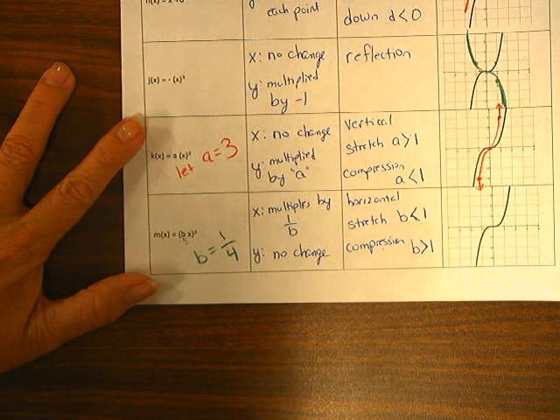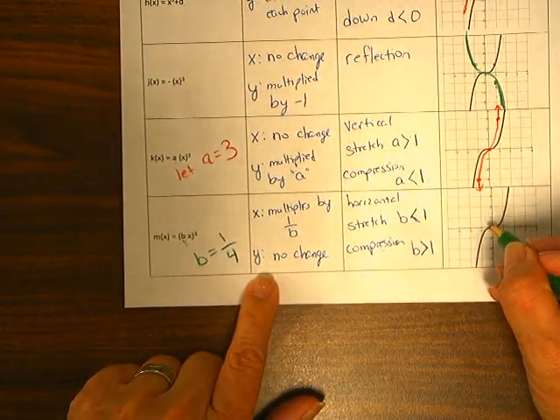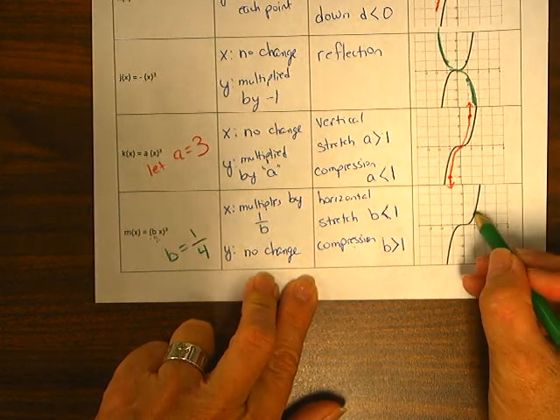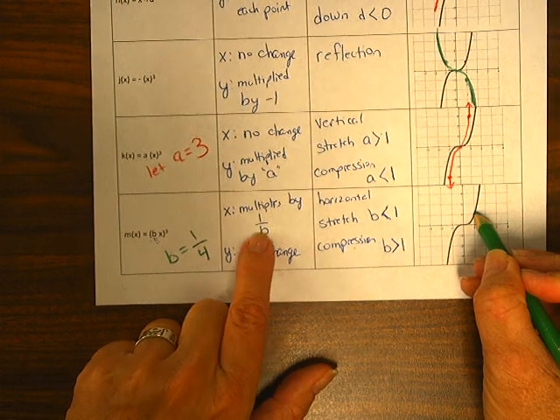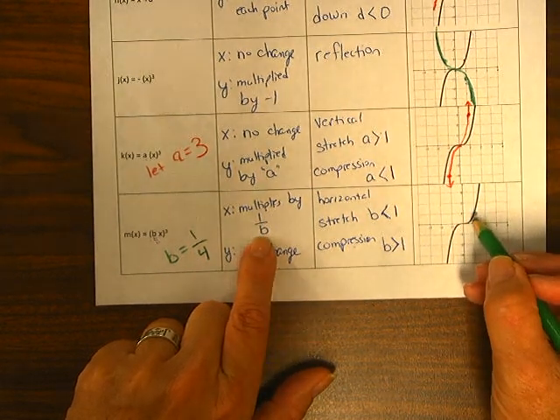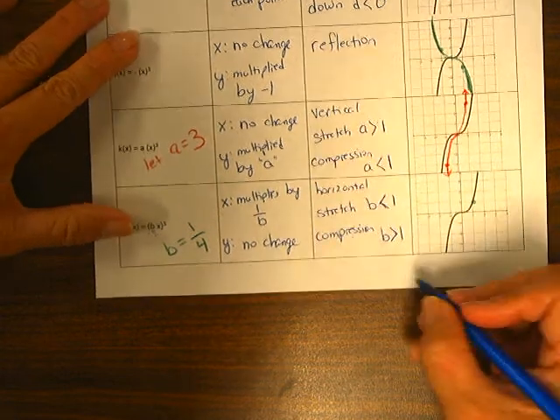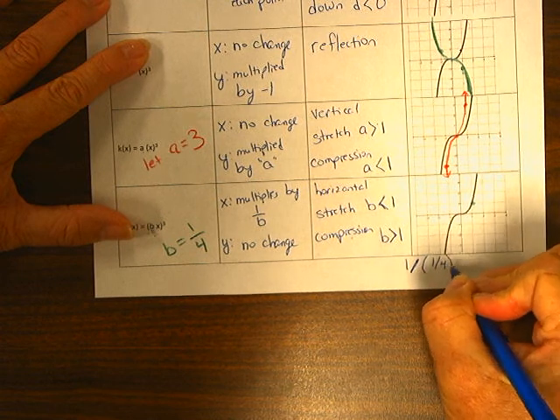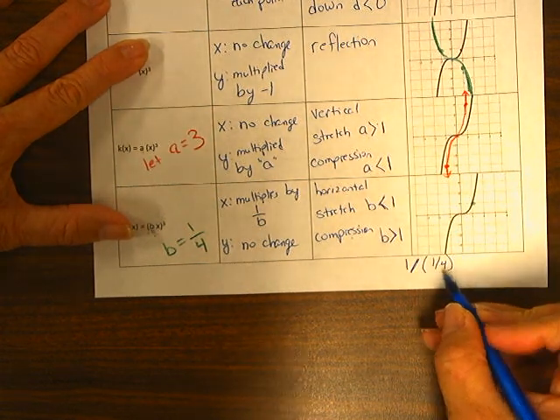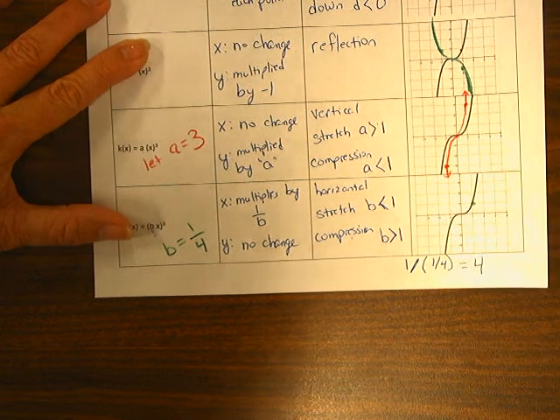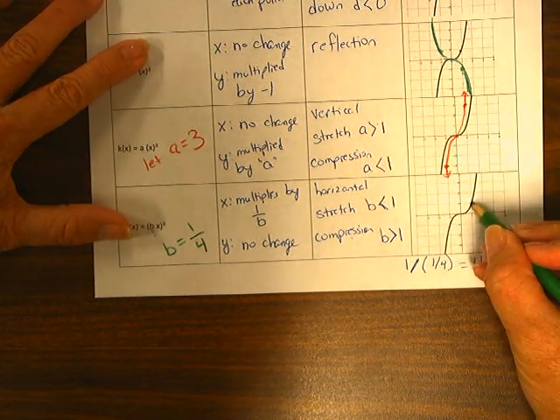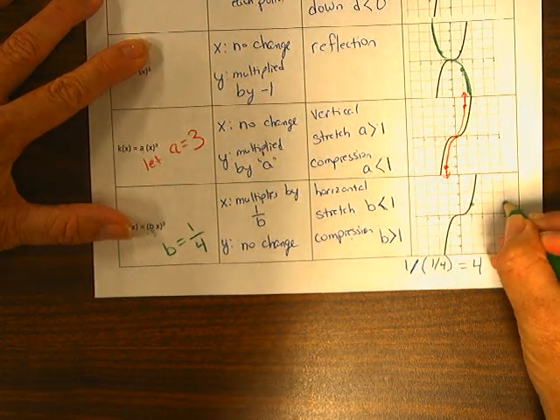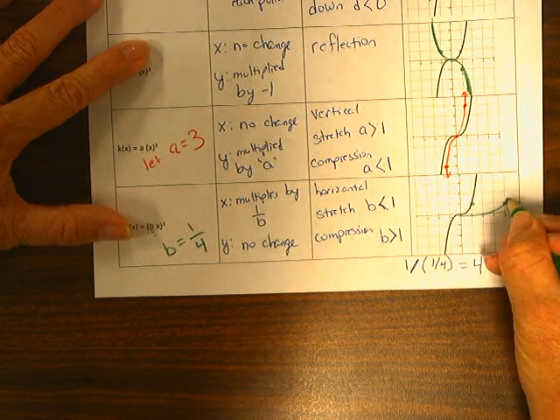So if we let b equal 1/4, if I come over here and look at my graph, and let's look at that point 1, 1, the x value is going to get multiplied by 1 over b, which is 1 over 1/4. So if I was putting that in the calculator, it's 1 divided by parentheses 1 divided by 4. You want to make sure you have parentheses around the 1/4. And that equals 4. So my x value, instead of being at 1, is actually multiplied by 4, which puts it over here.